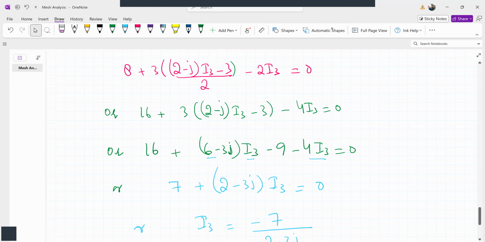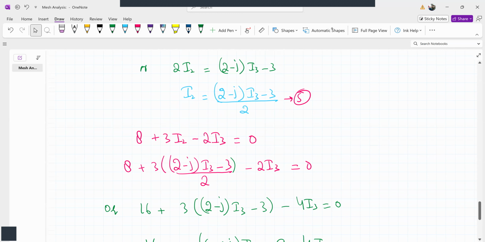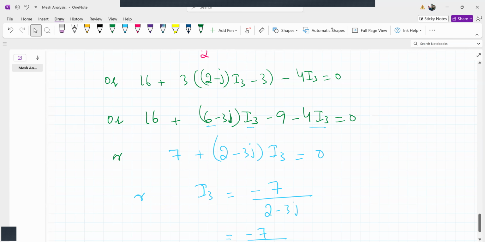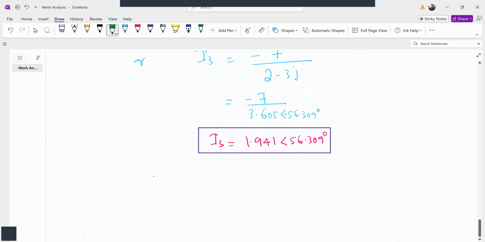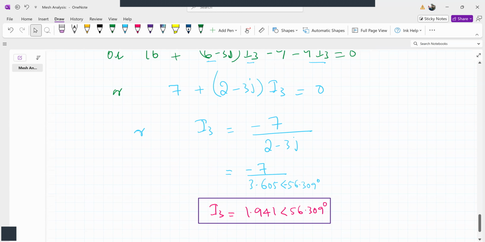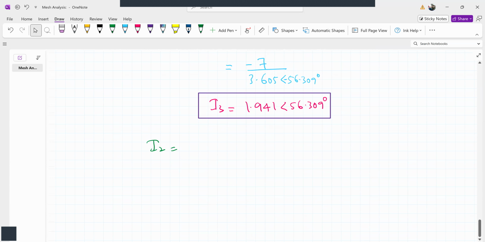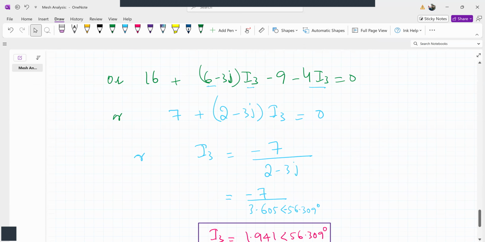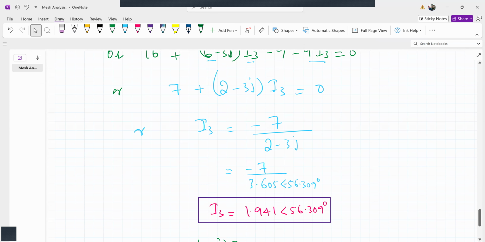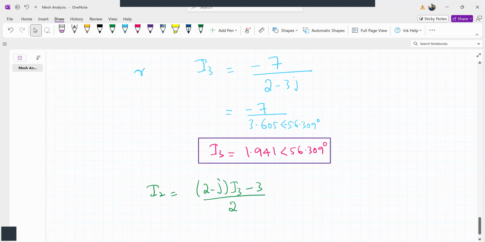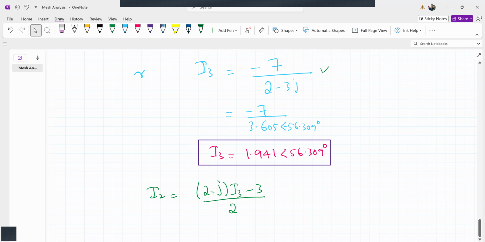Now, what is the relationship between I3 and I2? So I2 is how much? It is (2 minus J I3 minus 3) divided by 2. Now we'll substitute the value of I3.